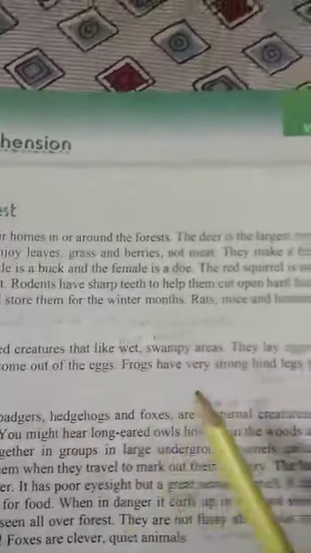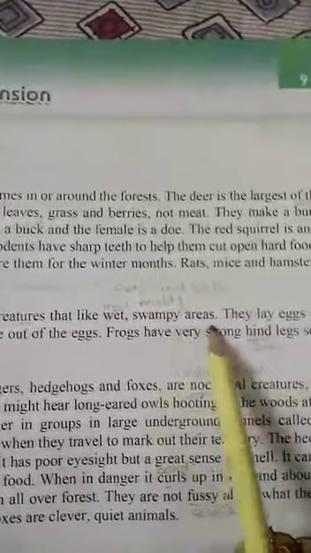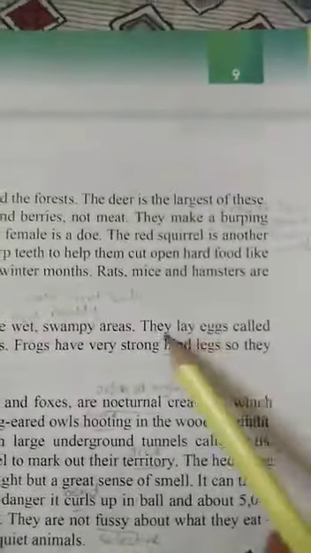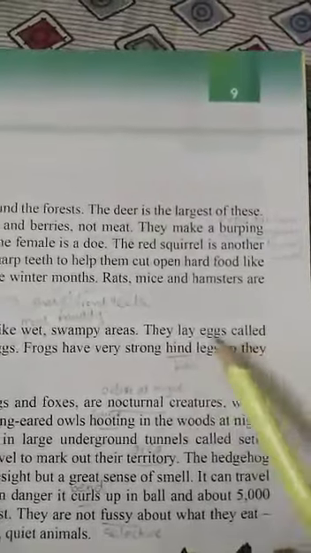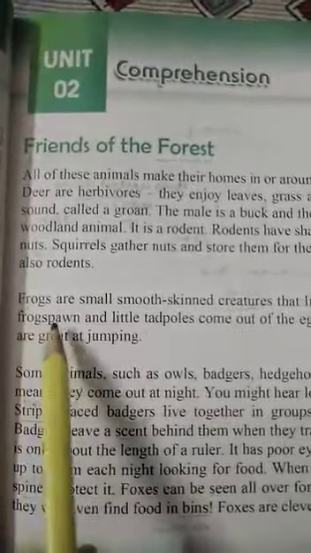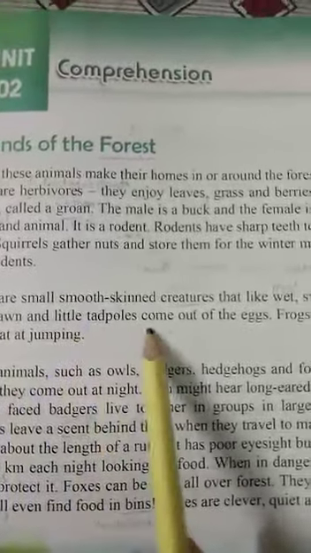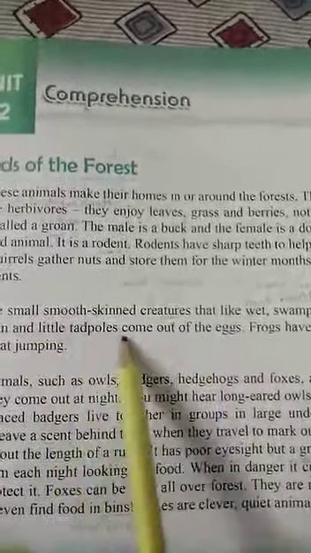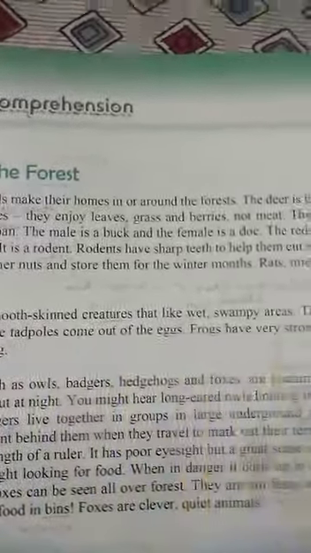They like to live in such kinds of places. They lay eggs called frog spawn. It means they are not mammals. They lay eggs and the eggs are called frog spawn. And little tadpoles come out of the eggs.